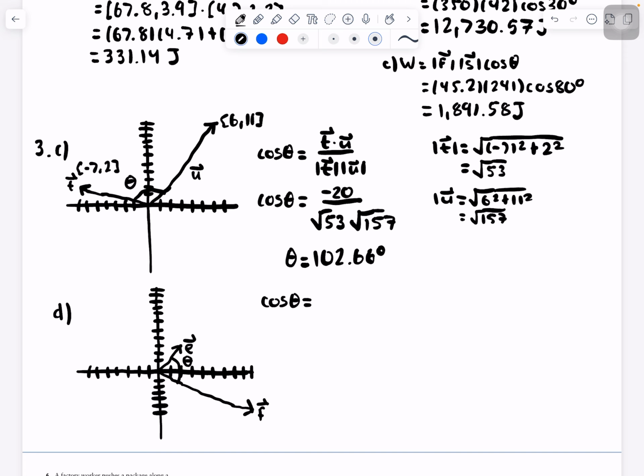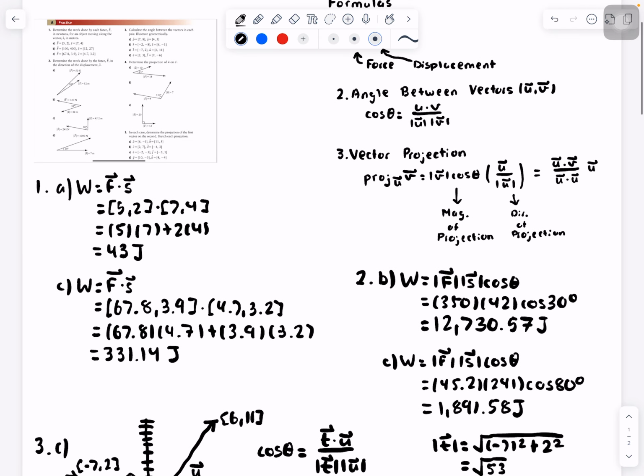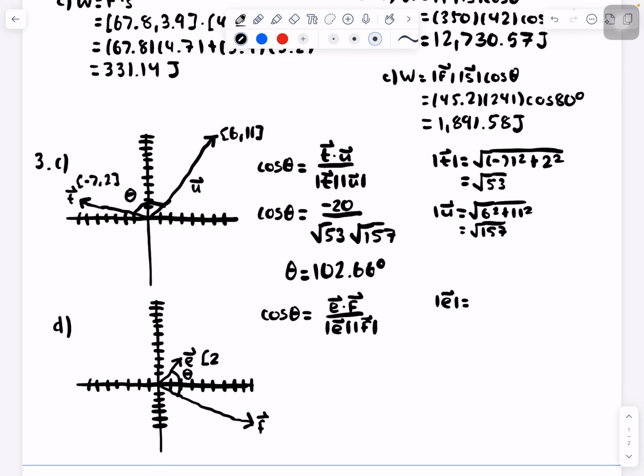Same deal. Cosine theta is E dot F over magnitude of E times magnitude of F. This vector was, scroll up again, 2, 3, and 9, negative 6. Magnitude of E is square root of 13.